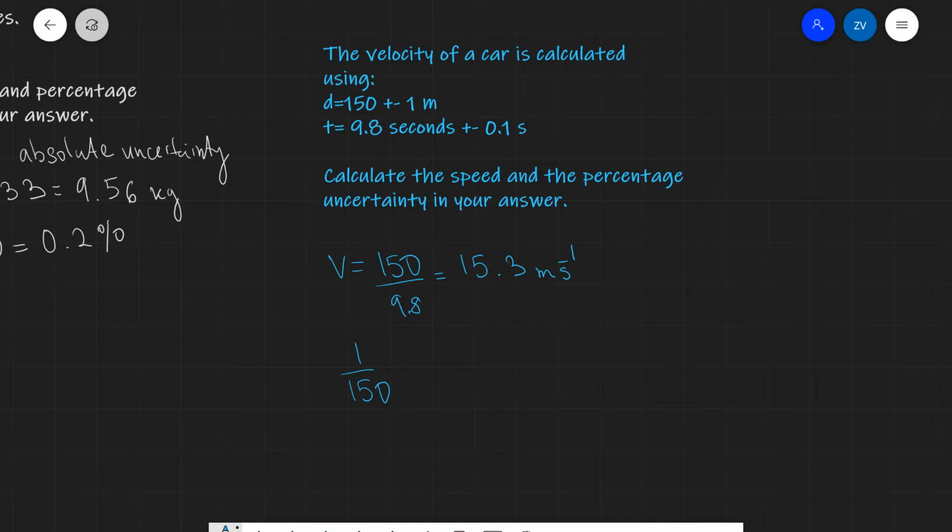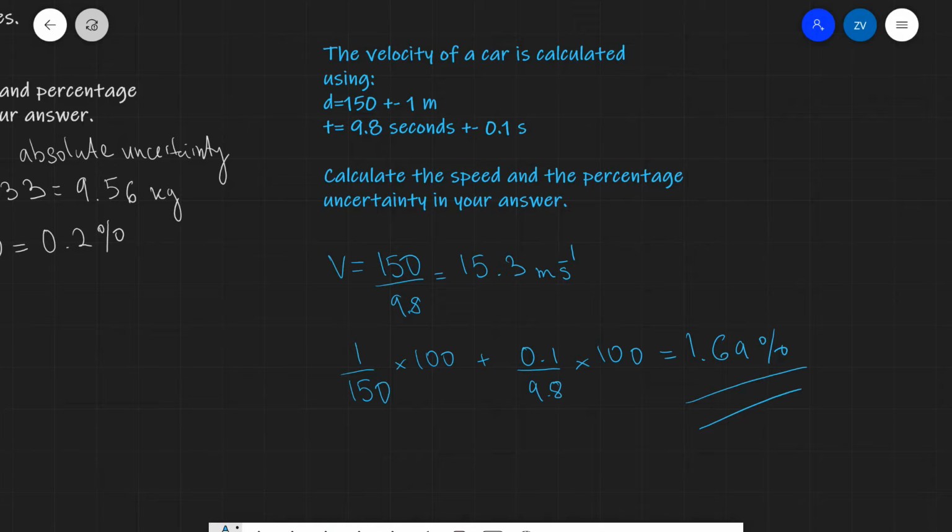So that's our absolute uncertainty divided by our value times 100 plus our absolute uncertainty in the time, which is 0.1, divided by our value, which is 9.8 times 100, giving us about 1.69% as our final answer for the percentage uncertainty.